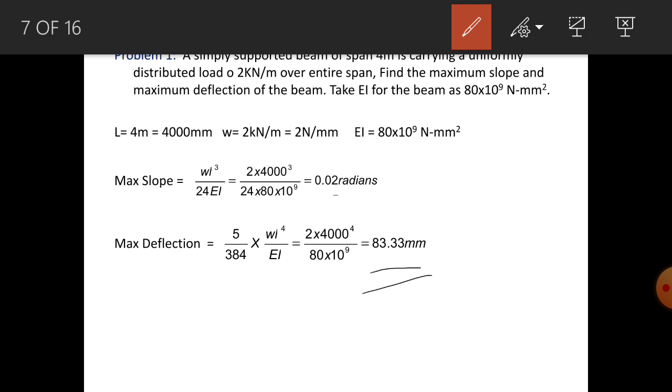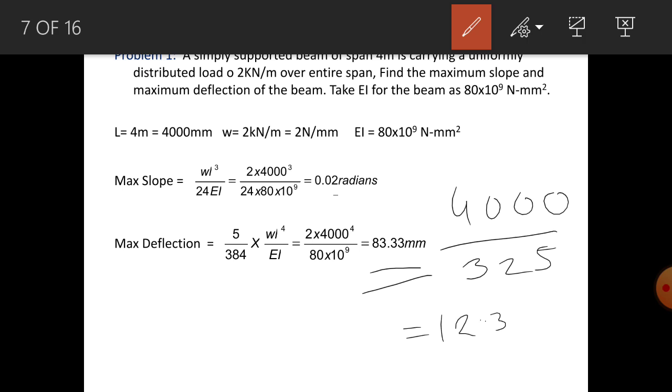If you calculate it, that is 4000 divided by 325, it will come near to 12.30 mm, because we have taken this value in mm, so this will come in mm. So the deflection of the beam cannot be more than 12.3 mm in actual considerations.